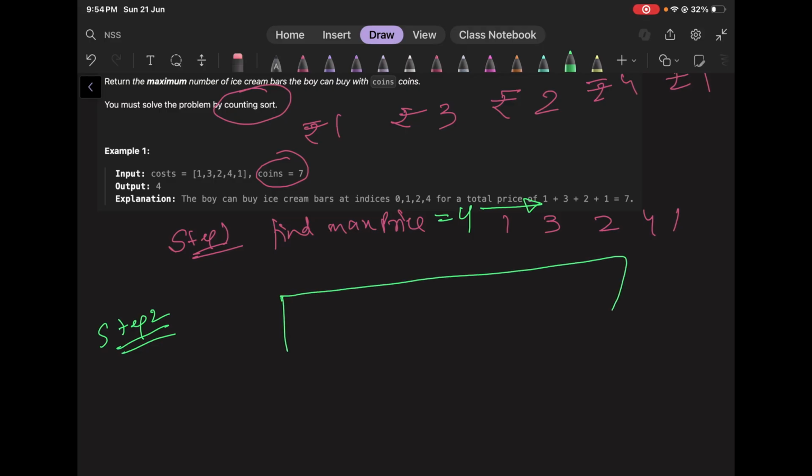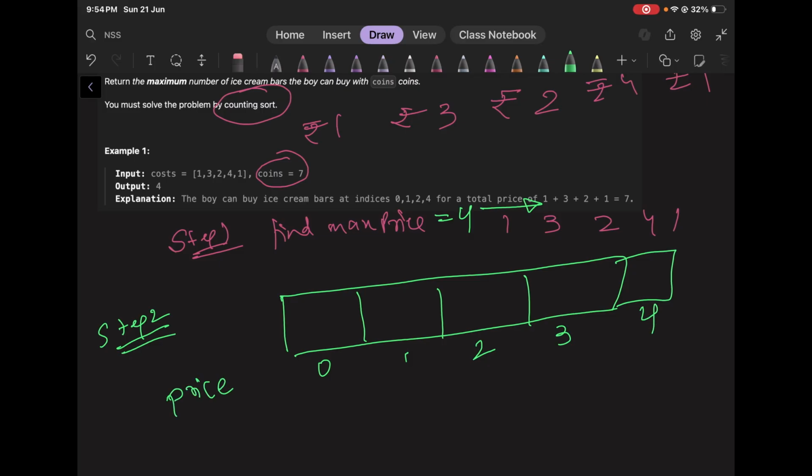Since my max price is 4, I will create this vector of size 5. The index is the price and the value tells me the quantity. Now I need to fill this. Initially all are set to 0. Now we iterate over costs.